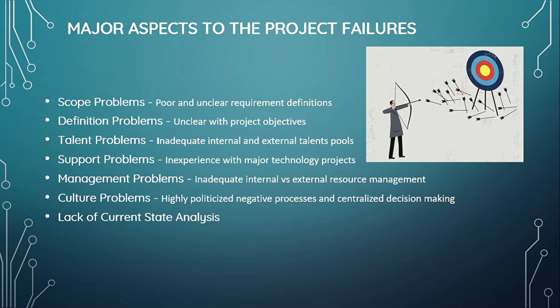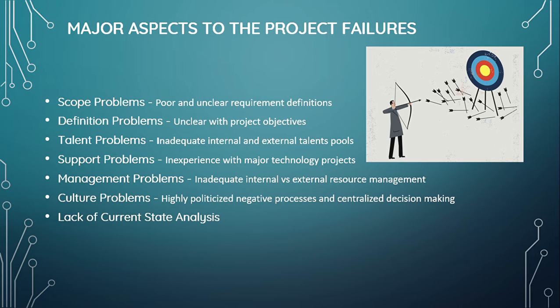The next is support problems, which mainly arise due to inexperience with major technology projects, inappropriate and inconsistent support from the sponsors and stakeholders, and weak corporate technology leadership. Another major concern is management problems, which are due to lack of internal and external resource management, poor communication and project management.